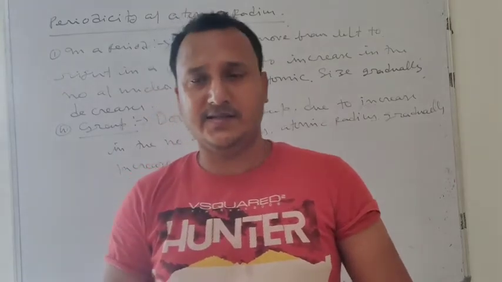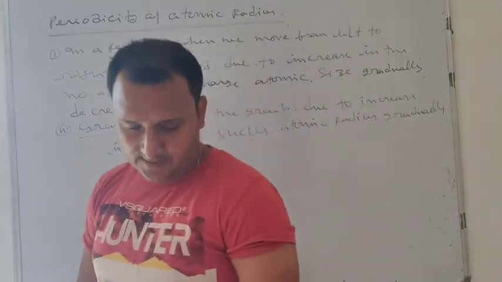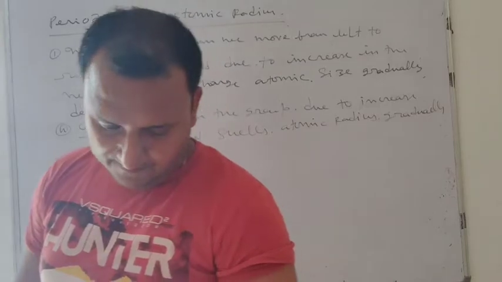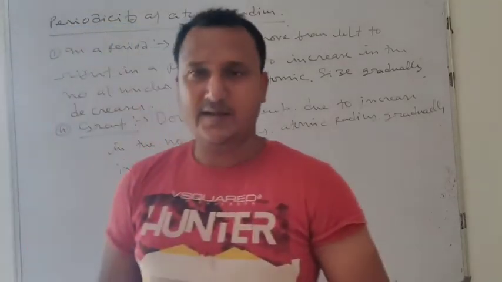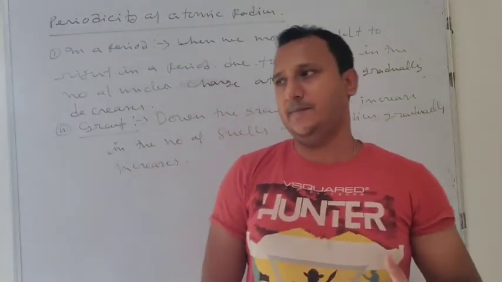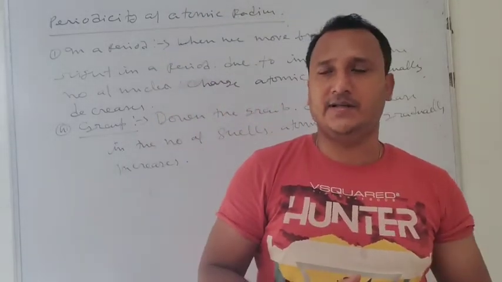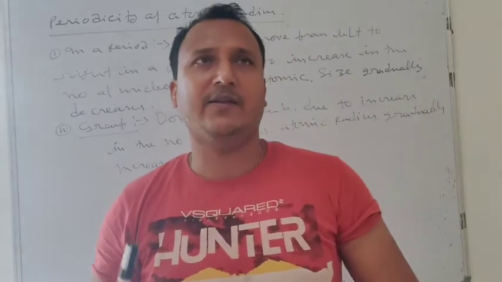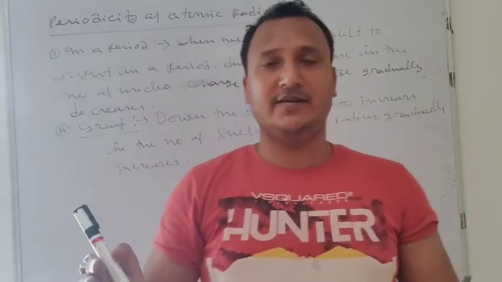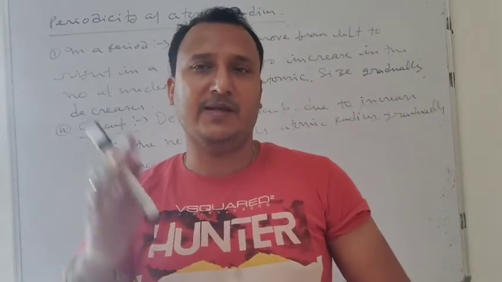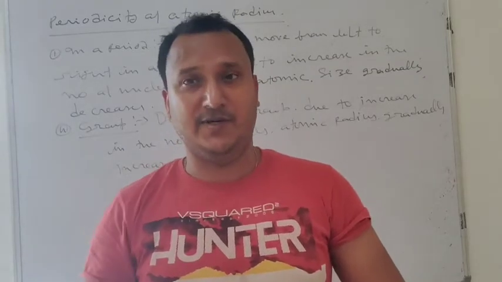Now next topic is metallic and non-metallic properties. How can you explain what is metallic property? That is how easily one atom can release electrons. That is the measure of metallic property.